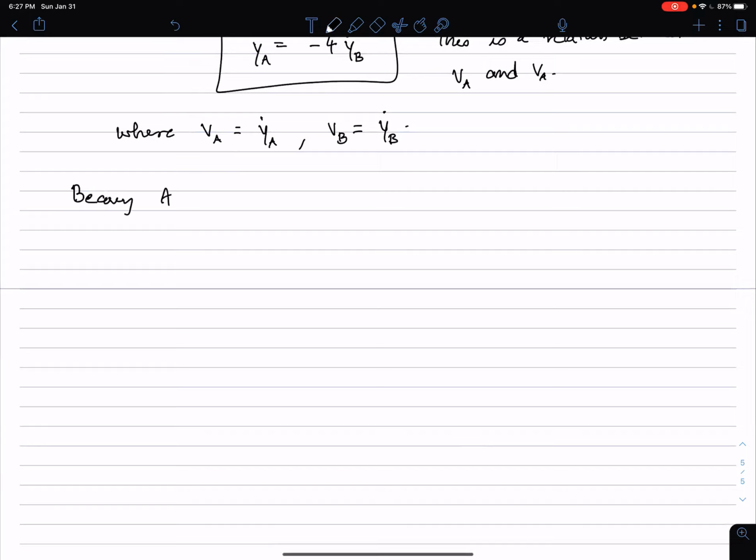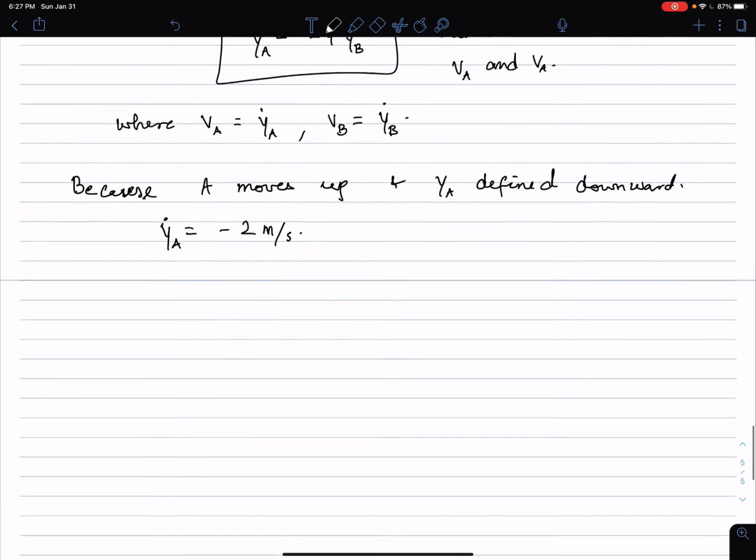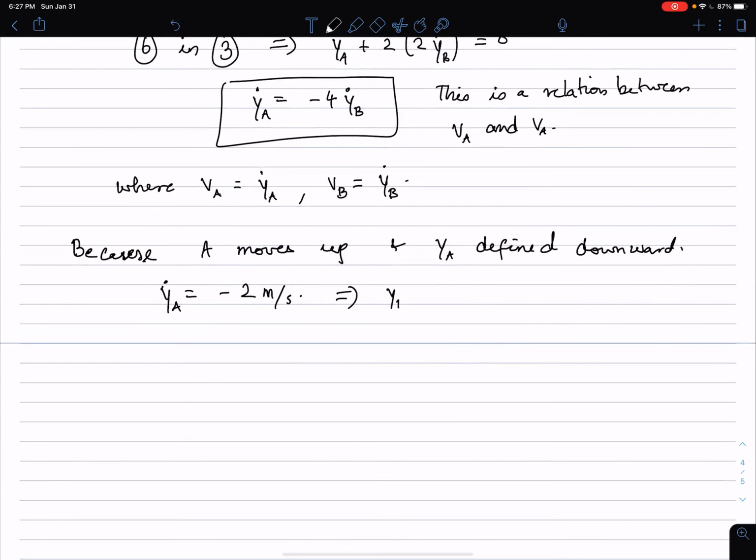Because A moves upward and YA is defined downward, YA dot is basically minus 2 meters per second, which means that YB dot equals minus YA dot divided by minus 4, which is minus 2 by minus 4, which is 0.5 meters per second.